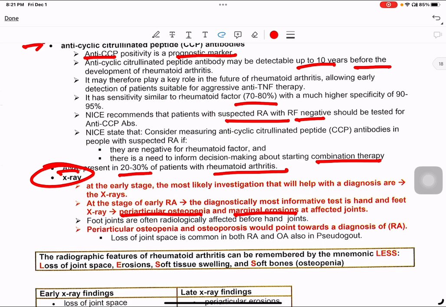So periarticular osteopenia with marginal erosion can be early findings of rheumatoid arthritis. Periarticular osteopenia and osteoporosis would point to a diagnosis of rheumatoid arthritis. Loss of joint space is common in rheumatoid arthritis and osteoarthritis, and also in pseudogout.